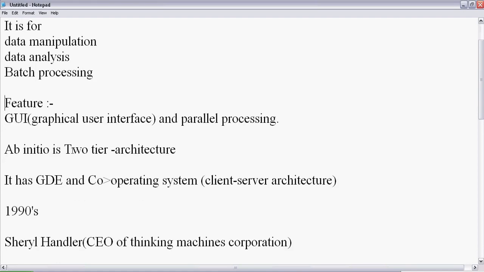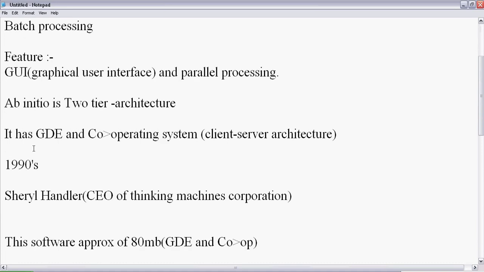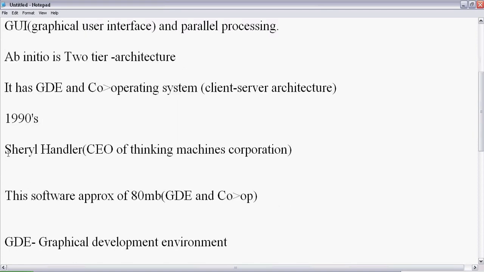So Ab Initio is a two-tier architecture. It has GDE and the cooperating system. It's also like a client-server architecture. It was founded in the 1990s by Cheryl Handler, CEO of Thinking Machines Corporation.